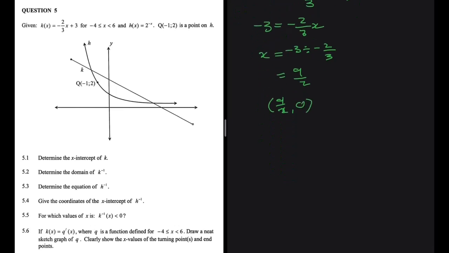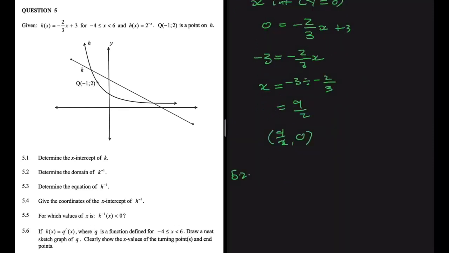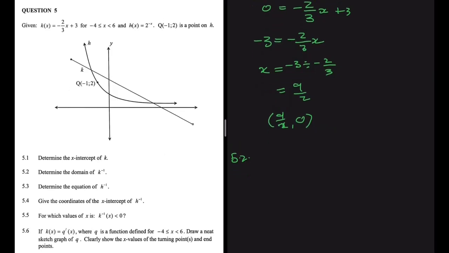And then 5.2 is saying let's determine the domain of k inverse. So here we're given the equation of k of x and its domain, right? So what is the relationship between k of x and k inverse? The domain of k of x is the range of k inverse, right?